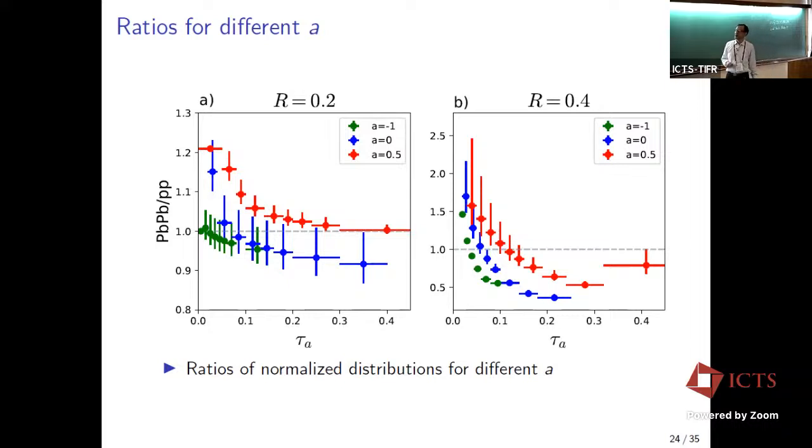So you can't really trust the formalism beyond tau equals R. So this is not under good quantitative control, but this looks in much better quantitative control.